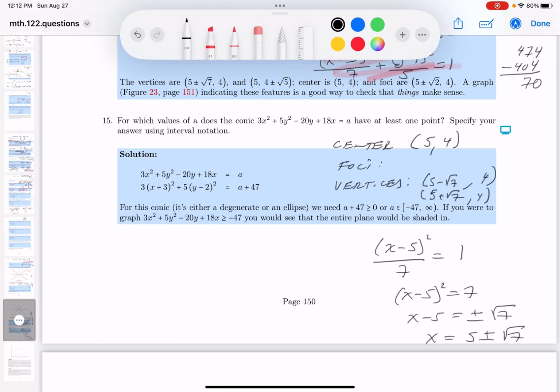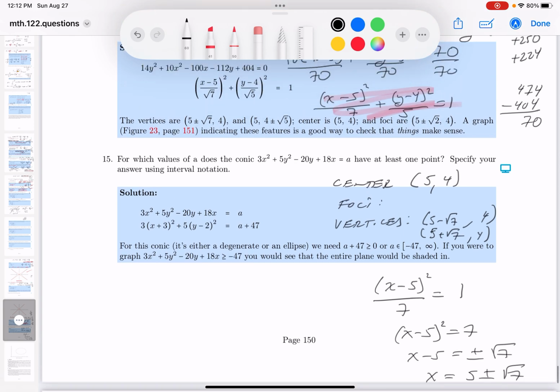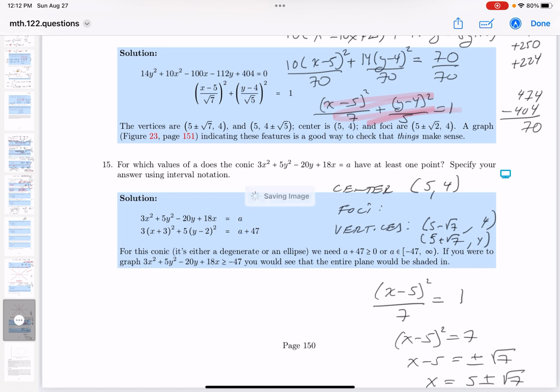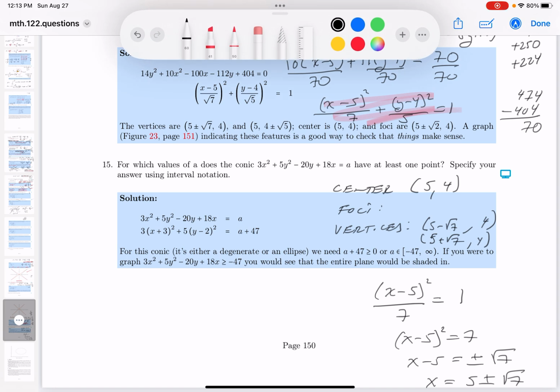What am I going to do now? I'm going to do the foci. How do I do that? I'm still looking back at the equation, and the difference between 7 and 5 is 2. So c squared is 2, which means c is the root of 2. What I've got to do is go from the center along the major axis.